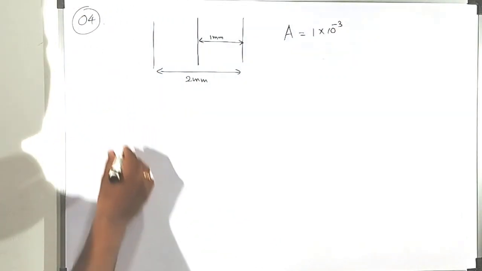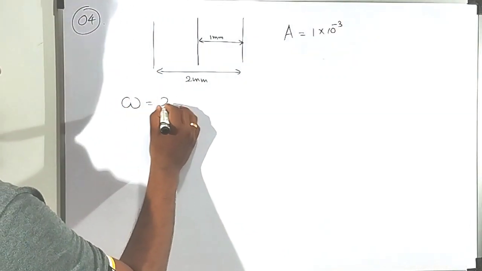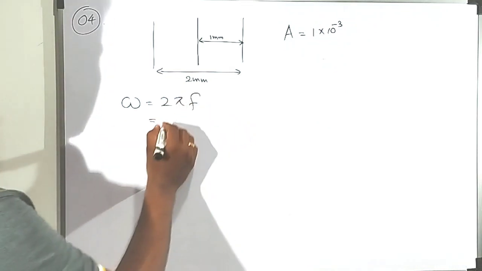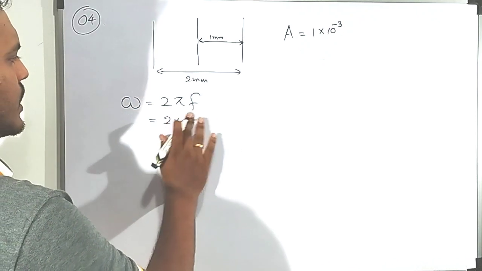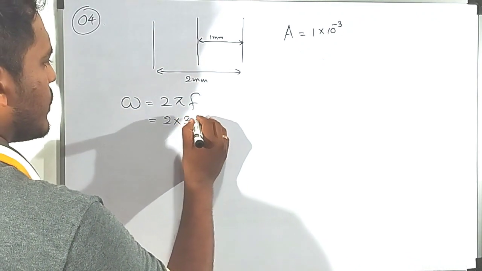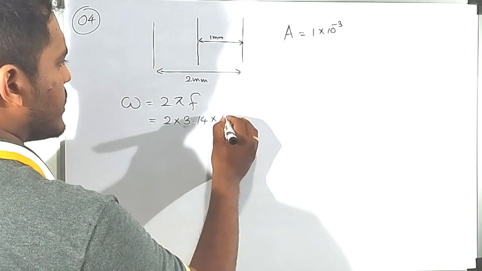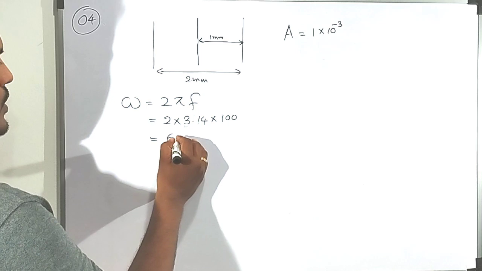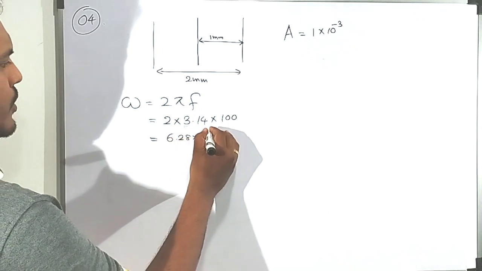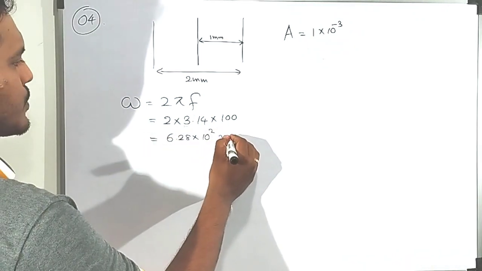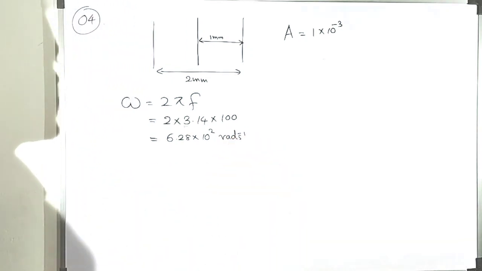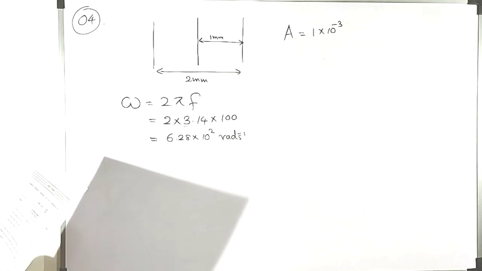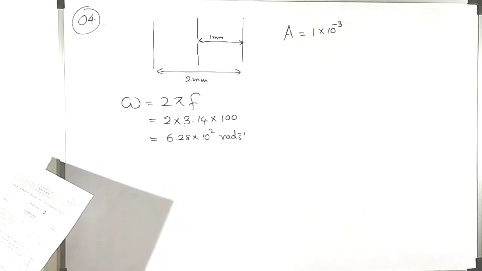You know that omega equals 2 pi f. Omega equals 2 into pi, which is 3.14, into 100, then 6.28 into 10 to the power 2 radians per second. Here they ask for the maximum speed of the blade.